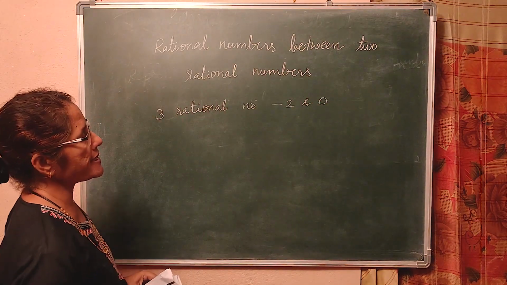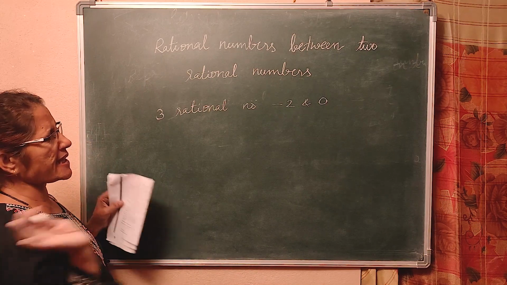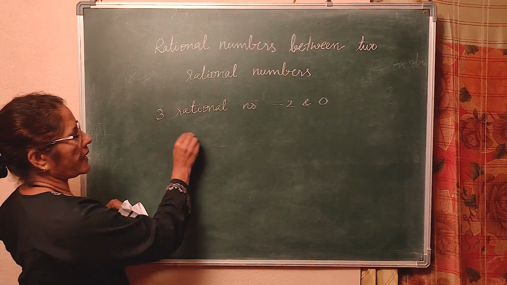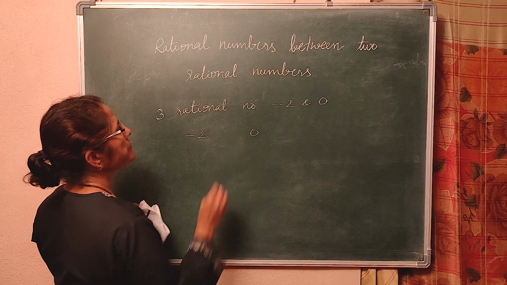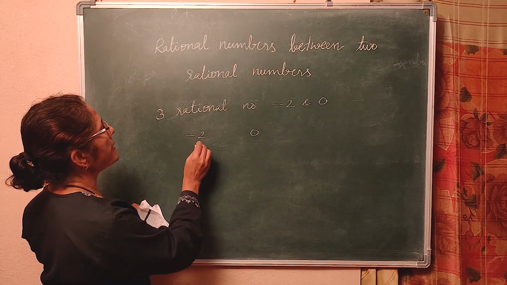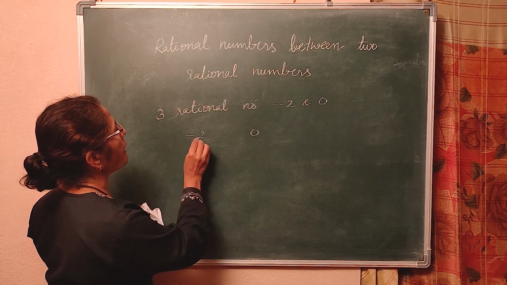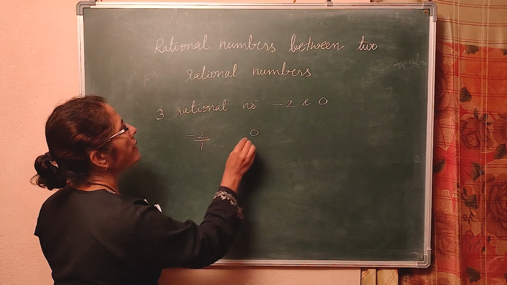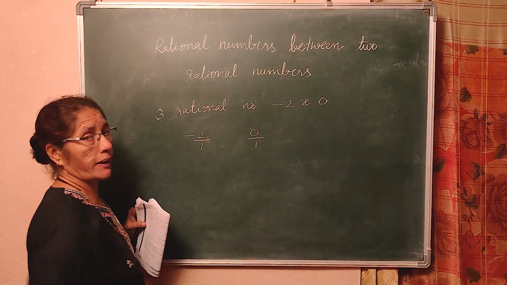What you have to do, the easiest method I will tell you. Minus 2 and 0, you write down as rational numbers. Minus 2, how can you write down? Minus 2 by 1. This one also you write down, 0 by 1.